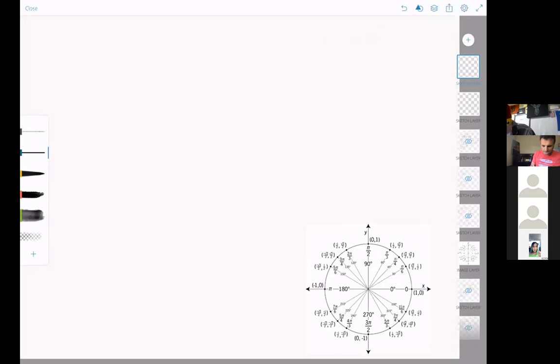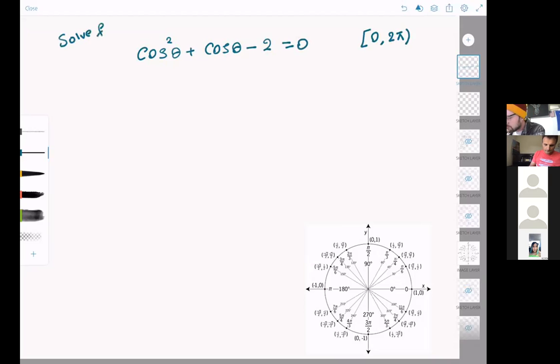We have cosine squared theta plus cosine of theta minus 2 equal to 0. This should be from 0 to 2 pi. Solve for theta.